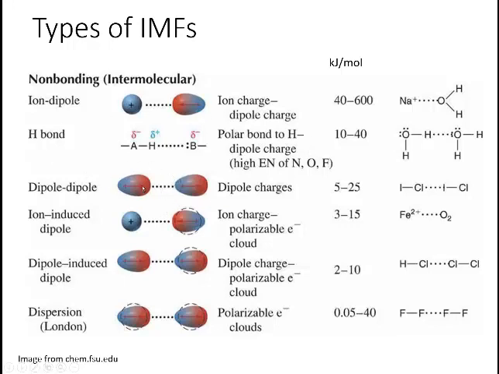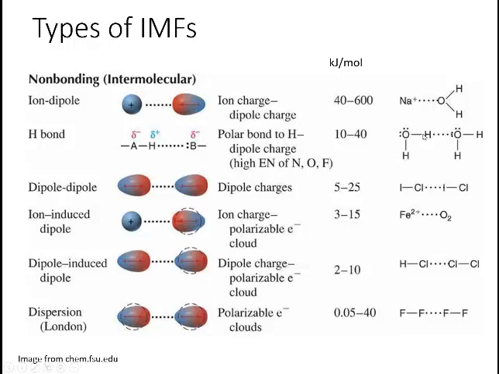Then there's hydrogen bonding, which is really just a special dipole-dipole interaction. It happens in polar molecules, but only those that have a hydrogen bonded to a very electronegative atom. That electronegative atom, represented as A here, has to be nitrogen, oxygen, or fluorine. That hydrogen then interacts with an oxygen, nitrogen, or fluorine in another molecule.